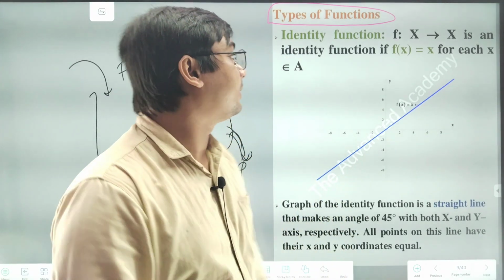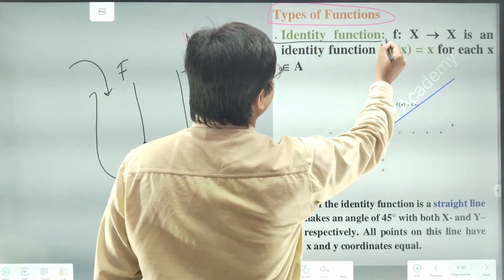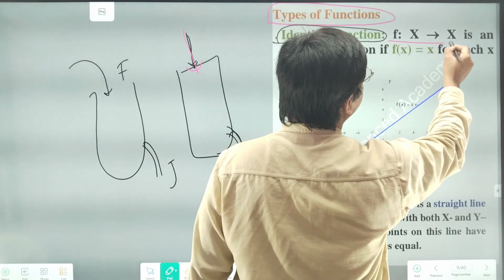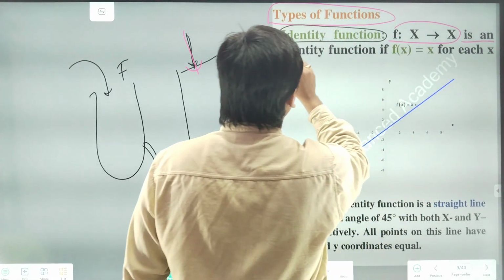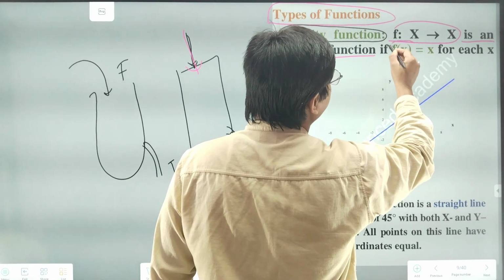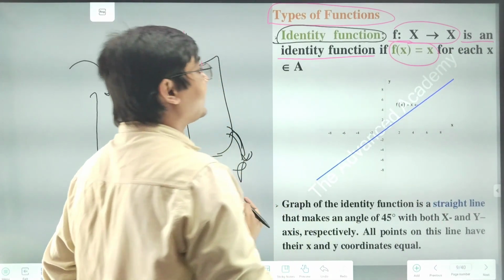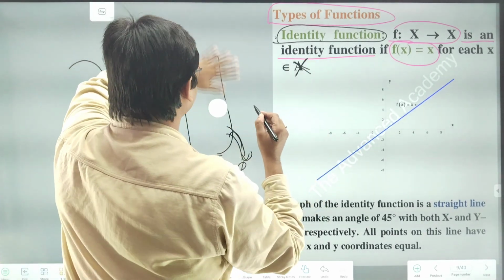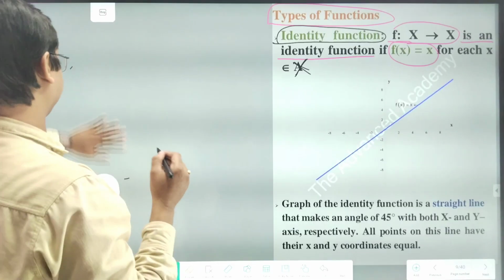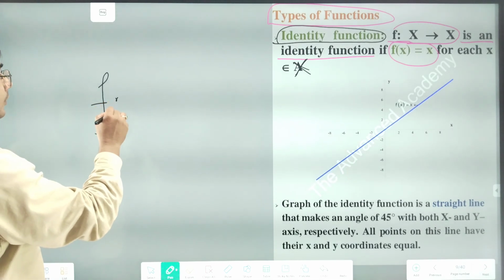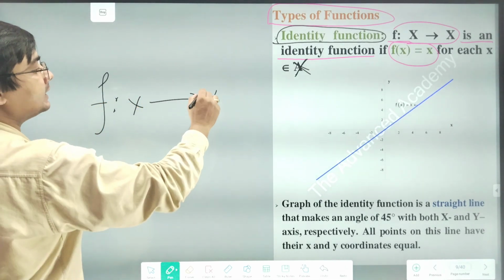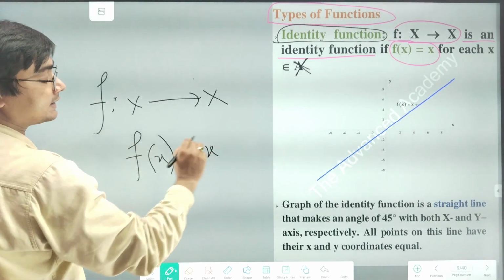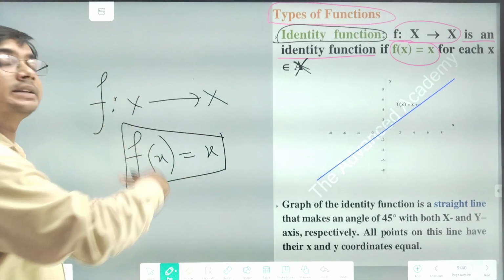So look, the first function is the identity function. What is an identity function? A function f from X to X is an identity function if f of x is equal to x for each x belonging to capital X. So take any function from X to X; this function is said to be identity if when we put x in it, x comes out. That means whatever we put in, the same thing comes out.